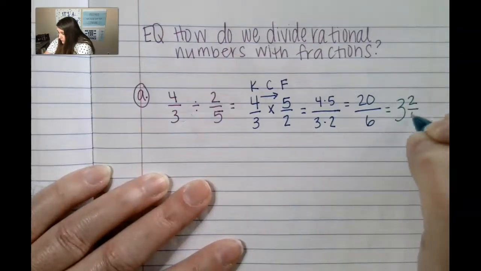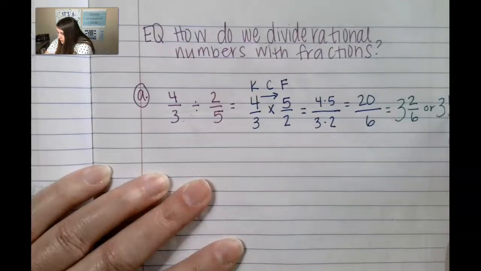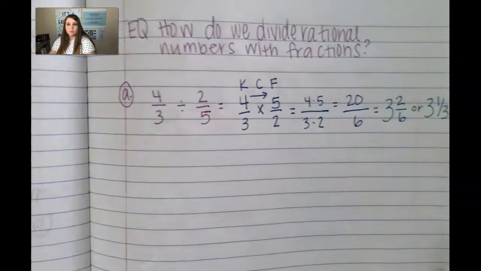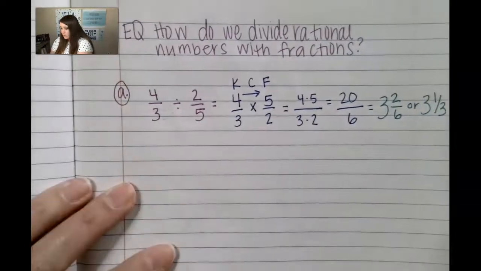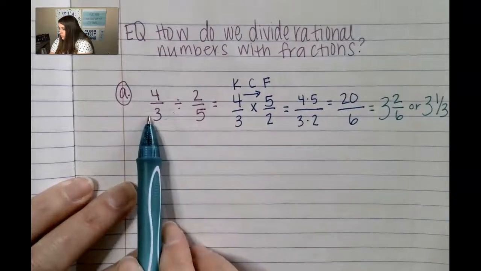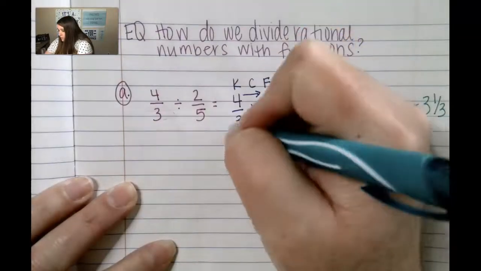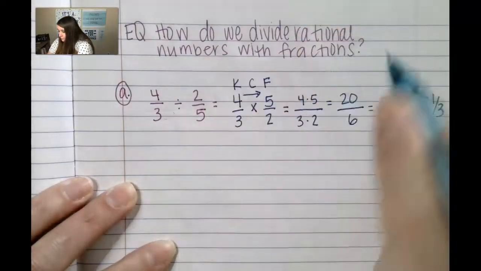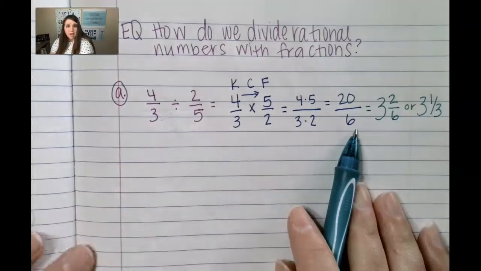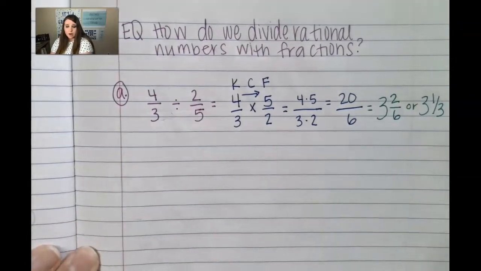And that's 2 left over, or 3 1/3 if we reduce it all the way down. So the biggest thing that you're learning today is implementing the keep, change, flip. And then you just apply multiplication straight across.